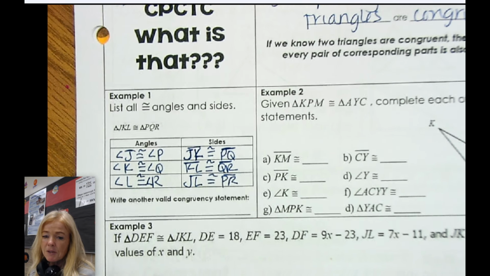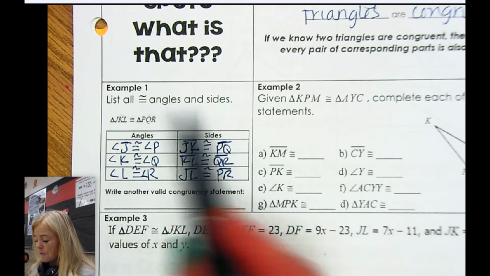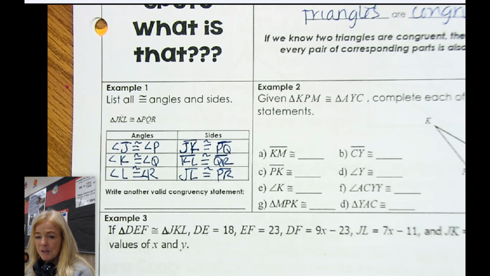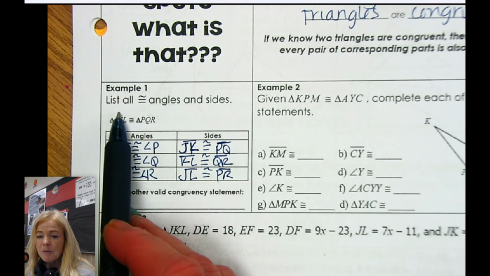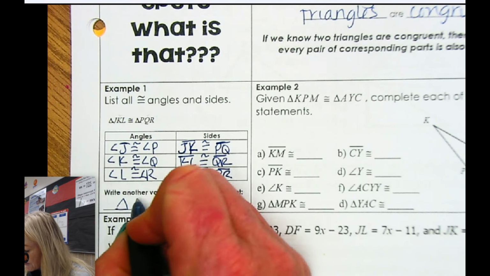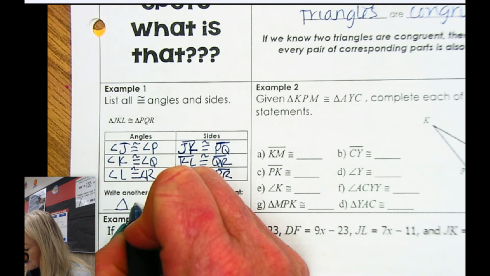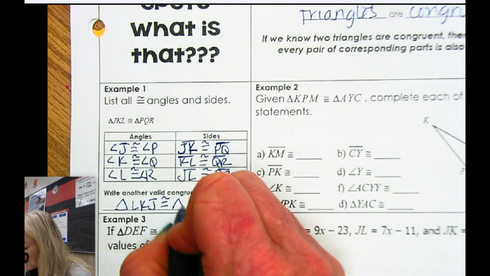All right, with those three sides being congruent and those three angles being congruent, then those properties exist for two congruent triangles. So that's pretty nice. If I were asked to write another valid congruency statement, that just means I'm going to mix up the order of the first triangle. So triangle, let's go backwards, LKJ, and we would write congruent to triangle.